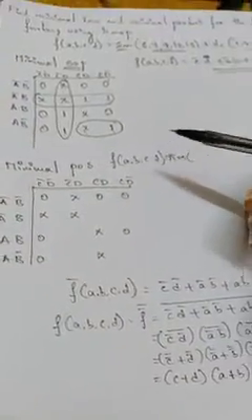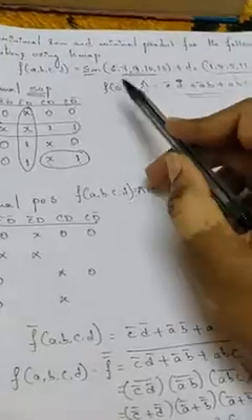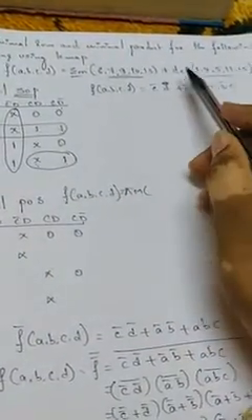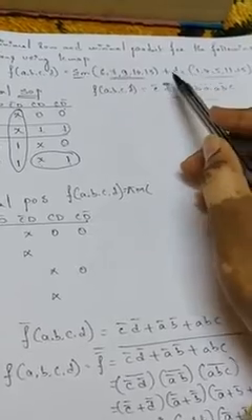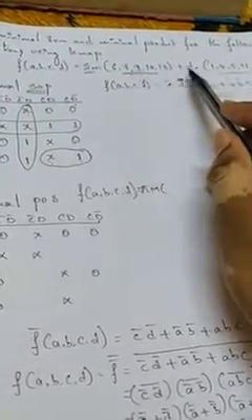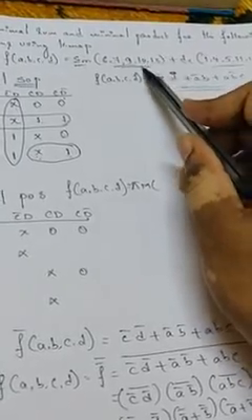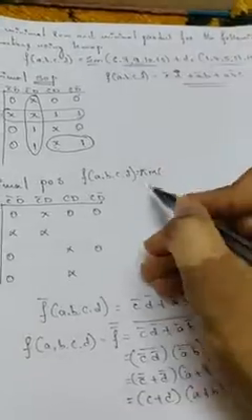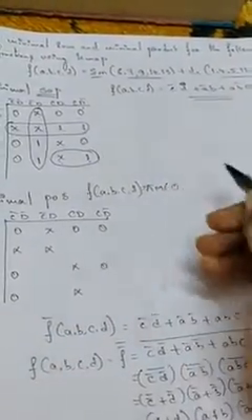Or else what you can do is, look here: 6, 7, 9, 10, 13 are the numbers. Which numbers from 0 to 15 are not present here? Is 0 present here? No. 1 is there?